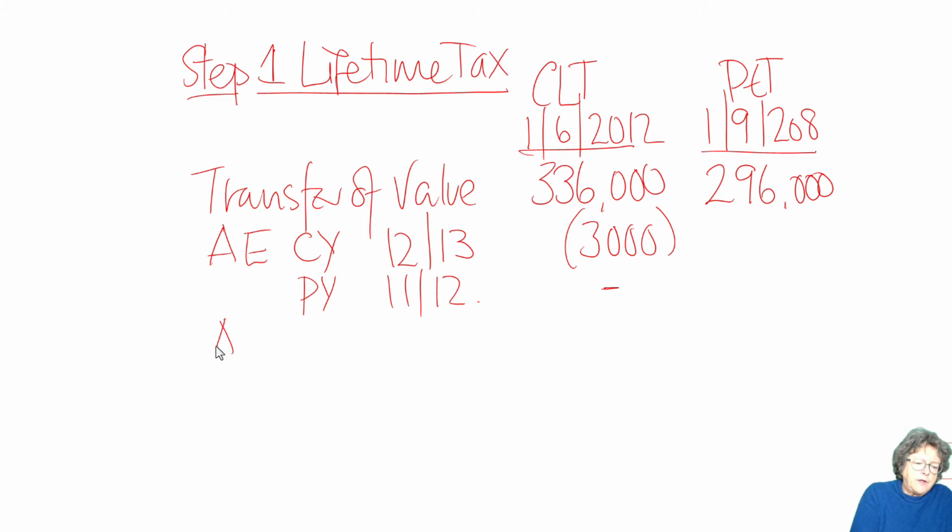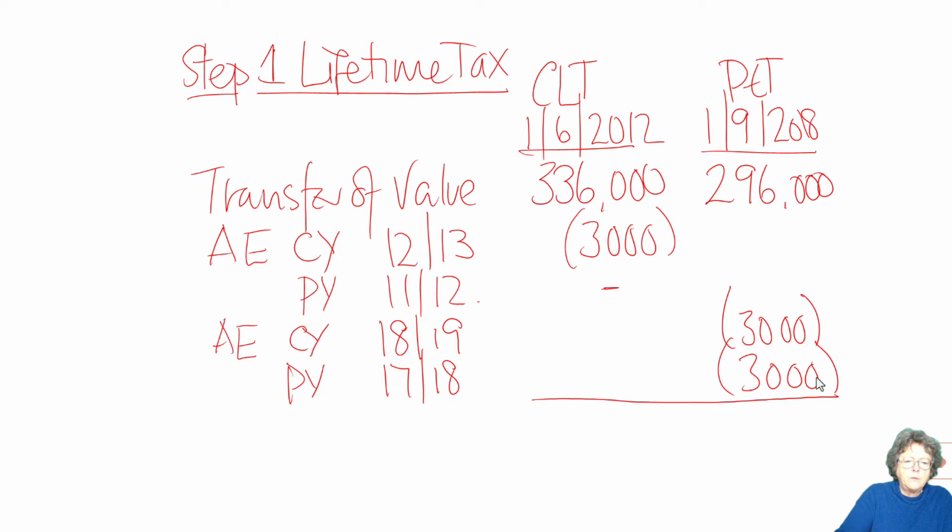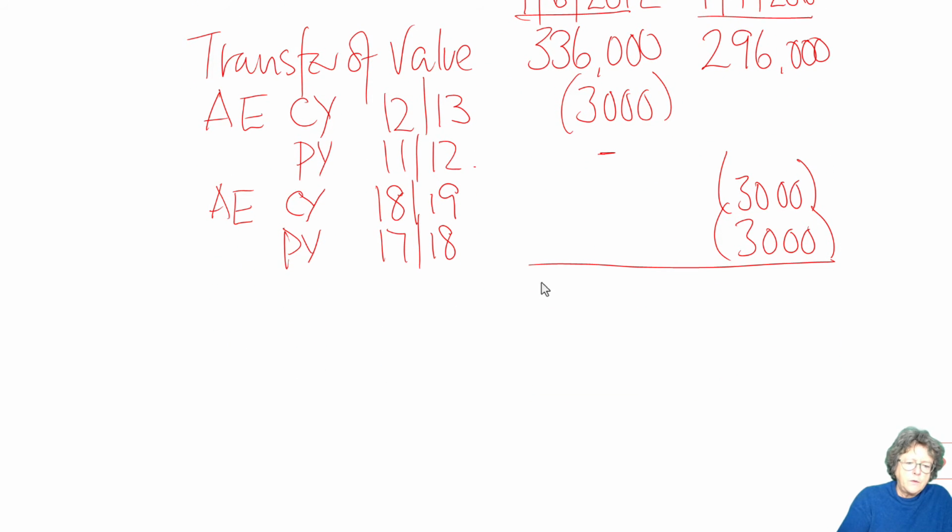The annual exemption for the PET in 2018, so that's 18/19, and the previous year, 17/18, has brought all our gifts down to 333,000, and this is now down to 290,000.